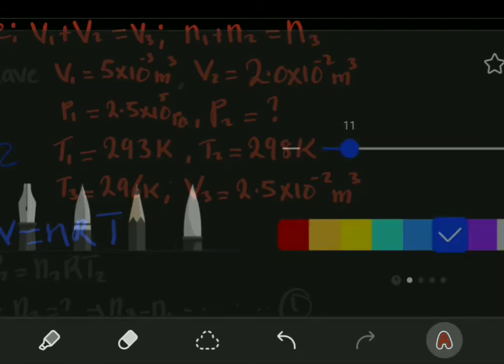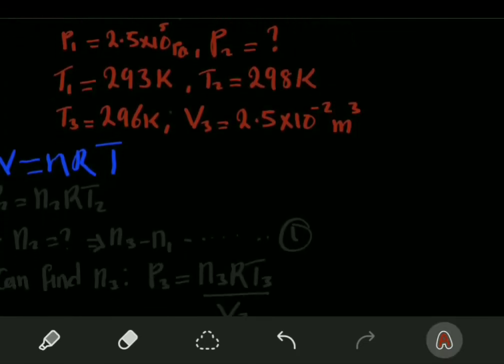Since we are looking for pressure P2, we're going to have P2 equals N2 R T2, and this is actually supposed to be divided by volume 2 as well. So we have N2 R T2 over V2. So this is how we find the pressure in the second container.